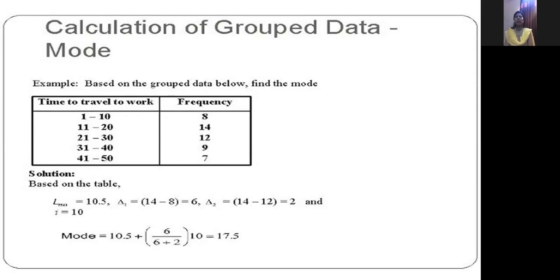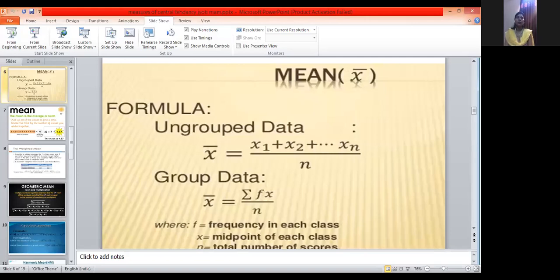So 0.5 should be decreased from the left side and 0.5 should be added on the right side to make it a proper class interval. That is the way we will find the mode of this class. First, we convert the class interval by subtracting 0.5 from the left side and adding 0.5 to the right side.